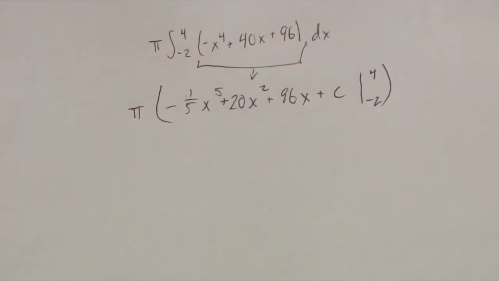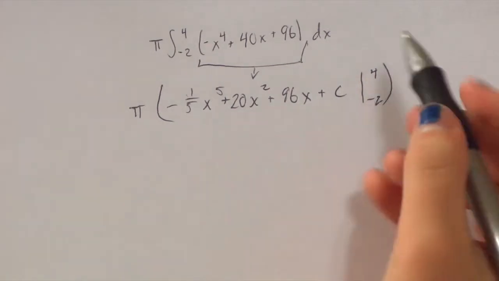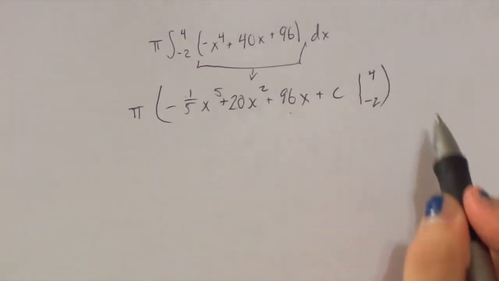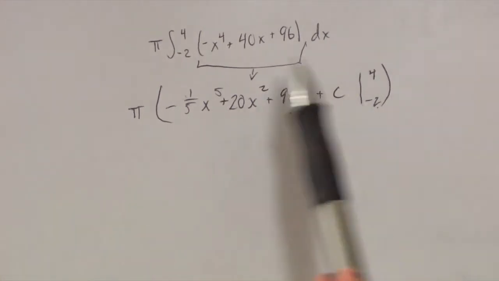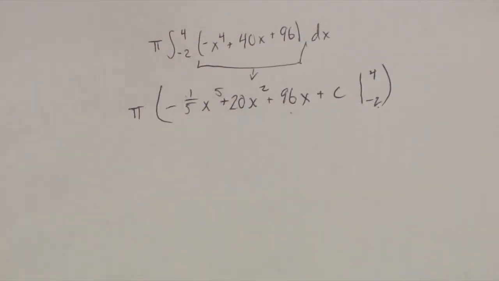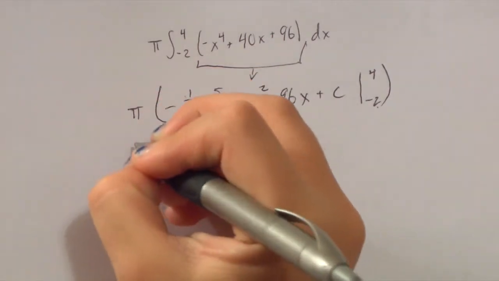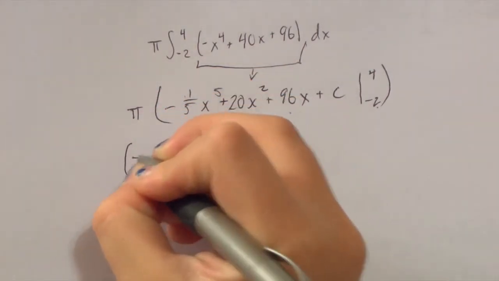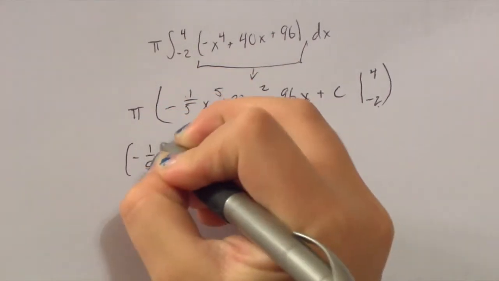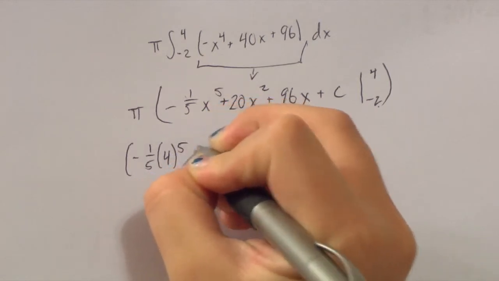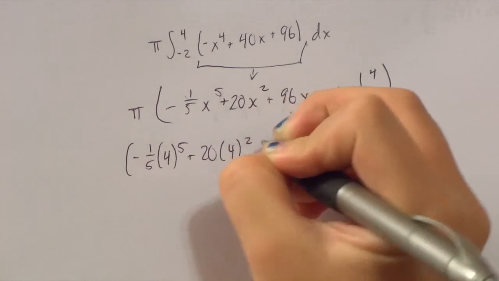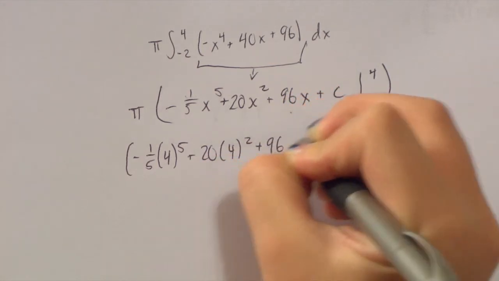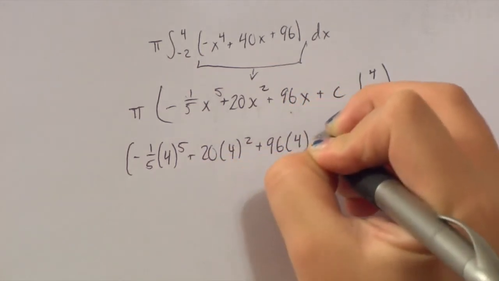In order to evaluate it, we need to plug this 4 into all the x's and then subtract it from this whole function with the negative 2 plugged in all the x's. So we'll do that here. Negative 1/5 times 4 to the 5th plus 20 times 4 squared plus 96 times 4.